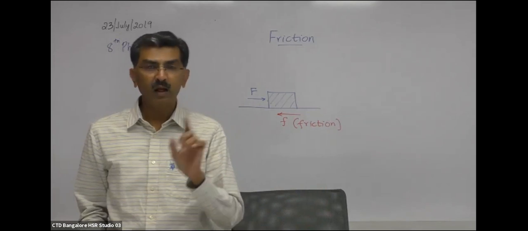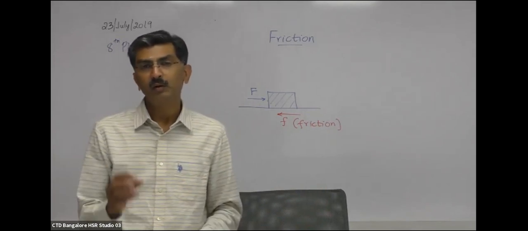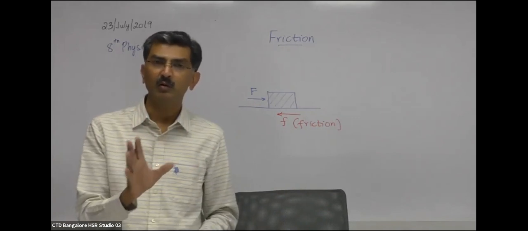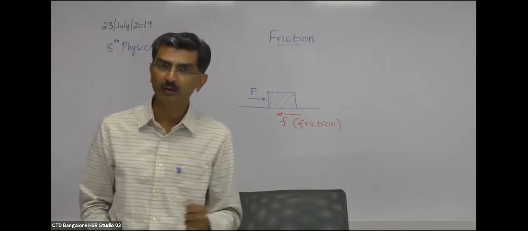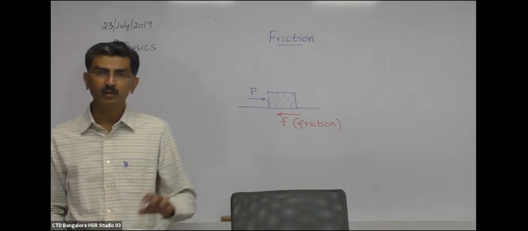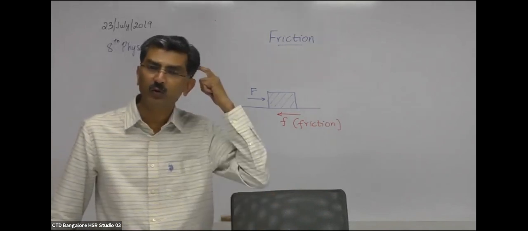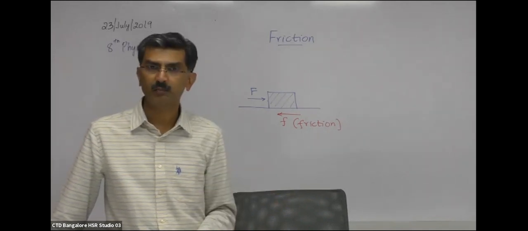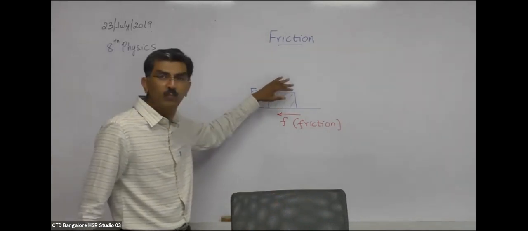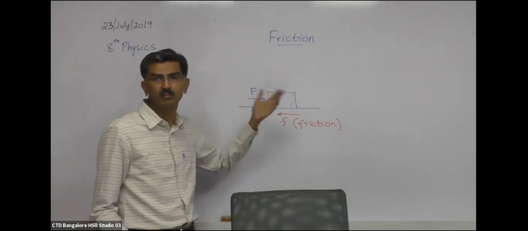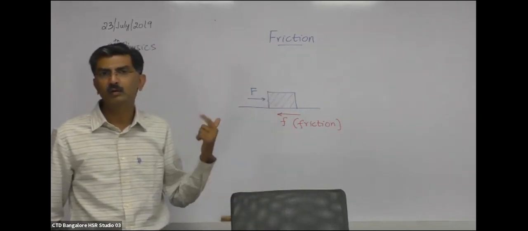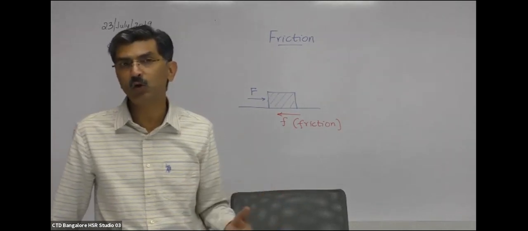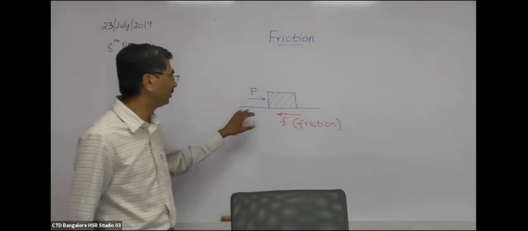And in the last class, we discussed the factors that affect friction. Friction depends on two factors, I said. And through some simple activities, I had shown it to you. The first is the weight of the object. As the weight of the object increases, then the force of friction increases. Second thing is friction depends on how smooth the surface is.